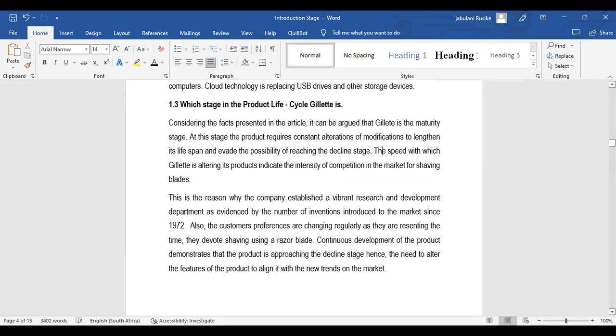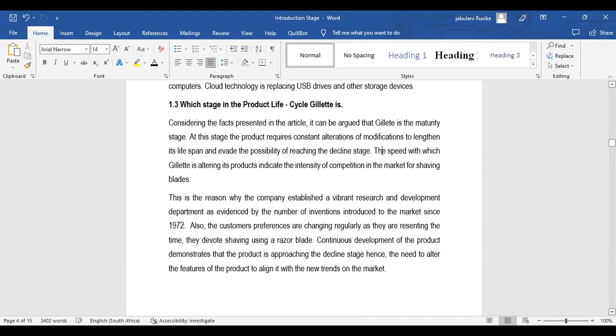reaching the decline stage. So you can see, according to the case study, the speed with which Gillette has been altering its products indicates that the intensity of competition is high. It indicates that there is high intensity in terms of competition in the market for what?